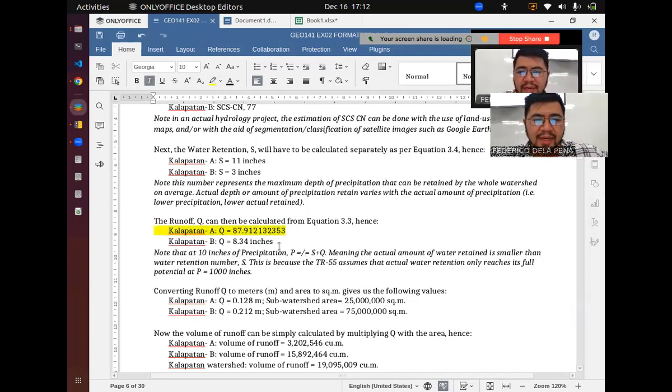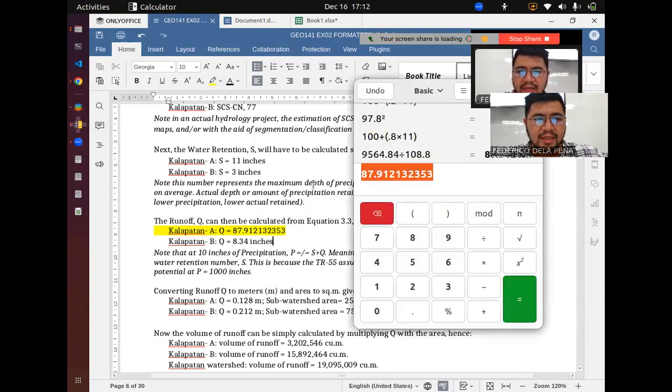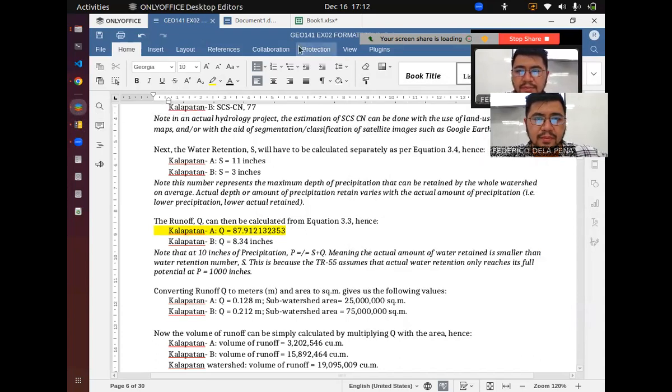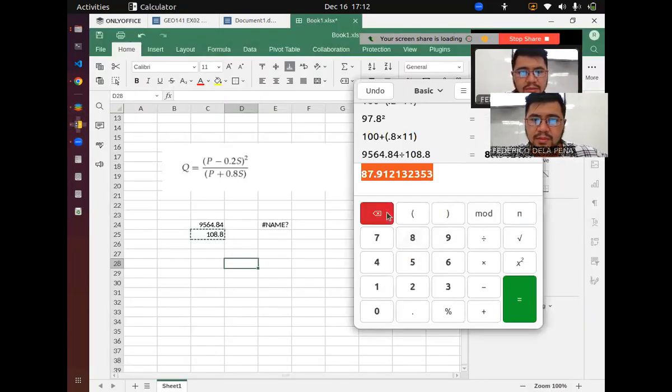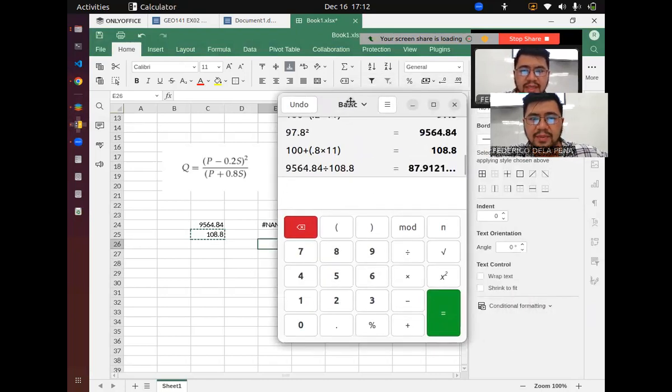And then for Land Cover B, your precipitation is 100. So 100 minus 0.2 times 3, square that.